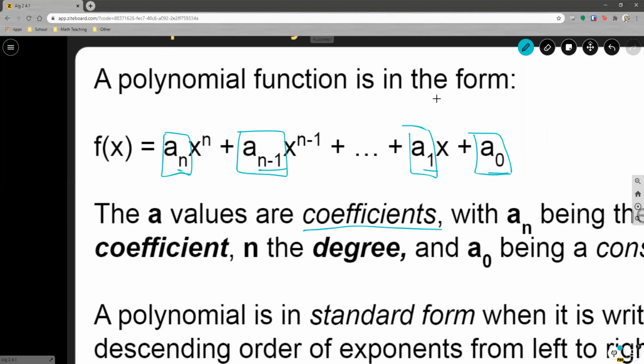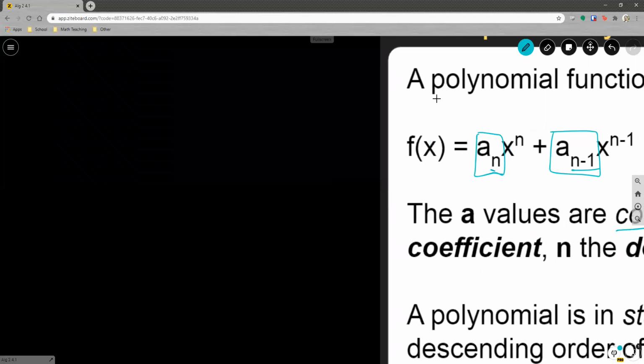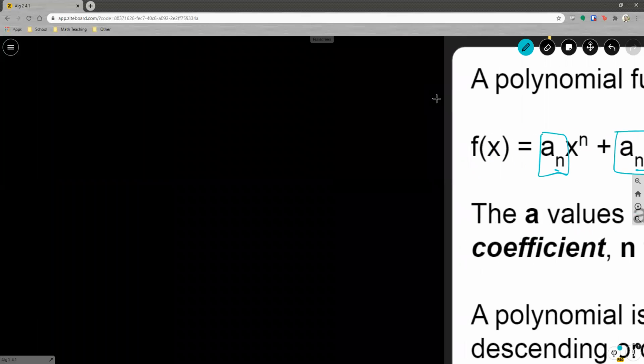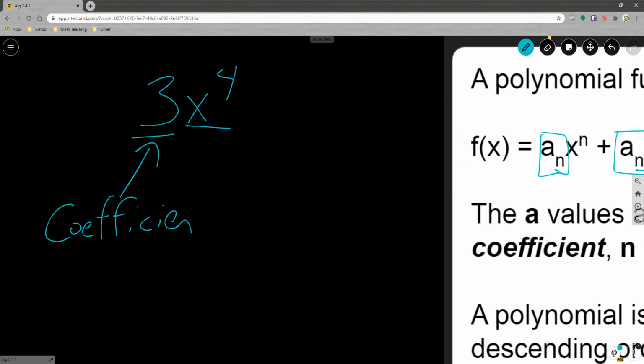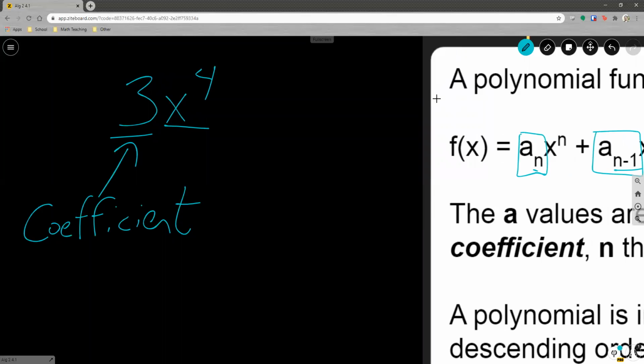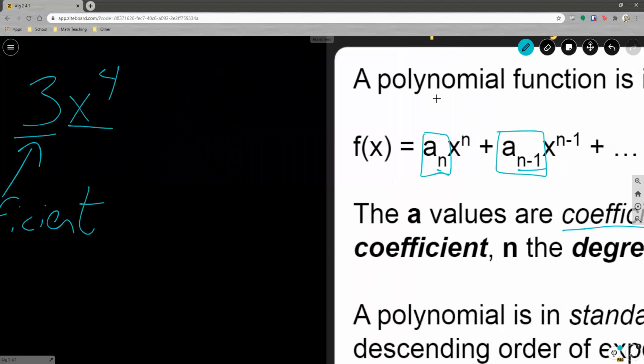And coefficients are another term that you should be aware of from Algebra 1, or even before that. If I've got some kind of monomial, I've got a variable portion and I've got a number portion. Well, that number that's multiplying the variable is what we call the coefficient. So in other words, the coefficient is just the number that multiplies the variable, or the number out in front of the variable.